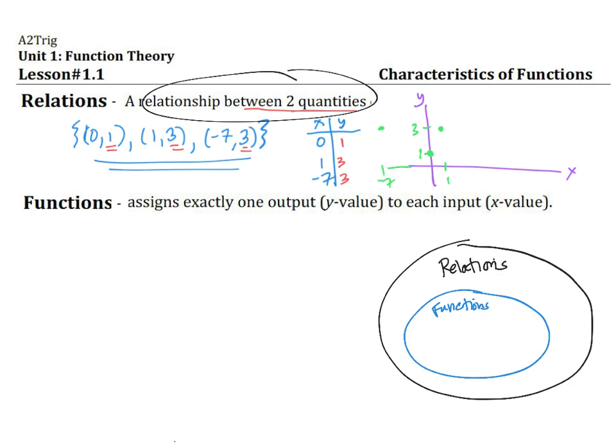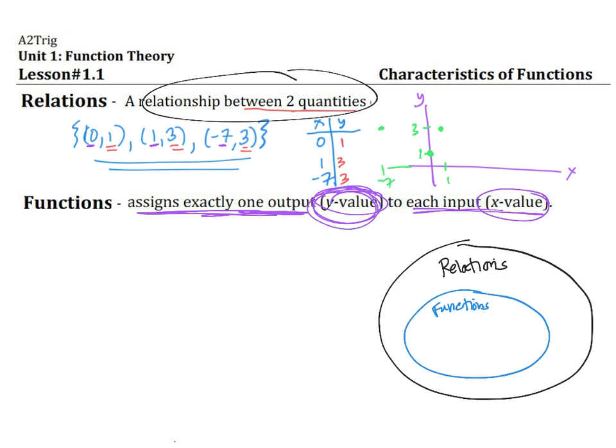A function, more specifically, is when we assign exactly one output value, which is our y value, to each input value. So let's think about that again. There is one y value for each x value. Here I have an x value of 0, an x value of 1, and an x value of -7.